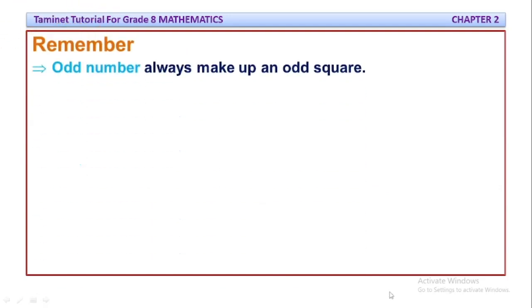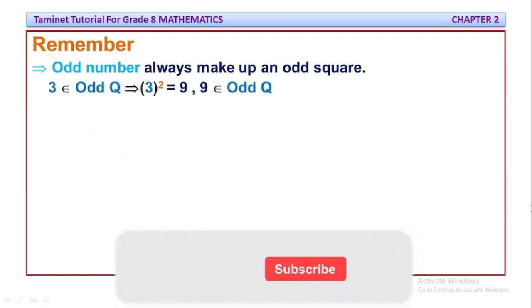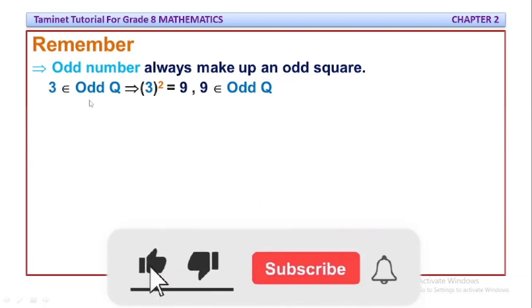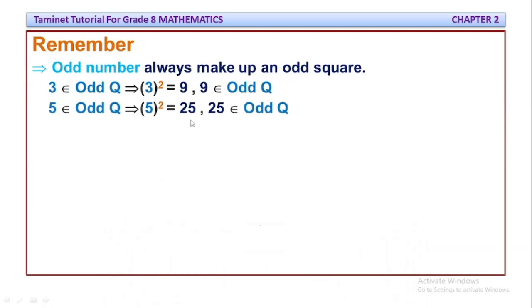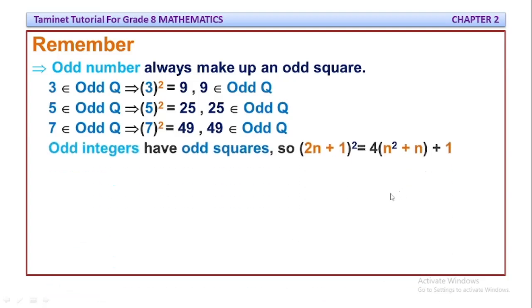Remember, odd numbers always make up an odd square. As we discussed before, 3 is odd. 3 square is 9. 9 is an odd rational number. 5 is odd. 5 square is 25. 25 is an odd number. 7 is an odd integer. 7 square is 49. 49 is an odd integer.